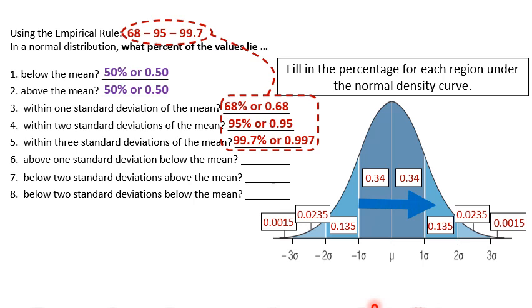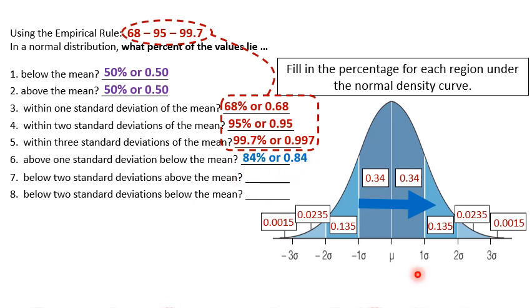So what percent is to the right of negative 1 standard deviation below the mean? And so calculate that. All right, and so if you add up all those little pieces, in this case, actually, you could just do, well, we're talking about the top half of the data plus this region here. So I simply just added 0.5 to 0.34 and got 84%.